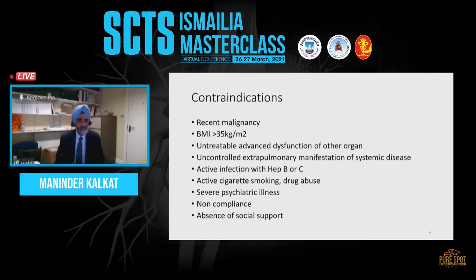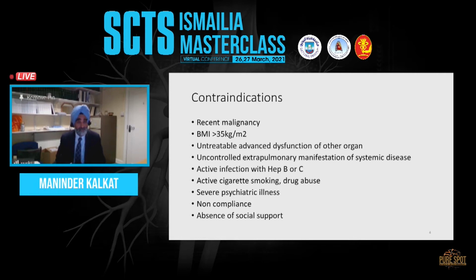And then the contraindications. There are some absolute contraindications and there are certain relative, and the horizon is changing and we are expecting more patients. But these ones, like a patient having recent malignancy, which is not skin malignancy, that's a contraindication.